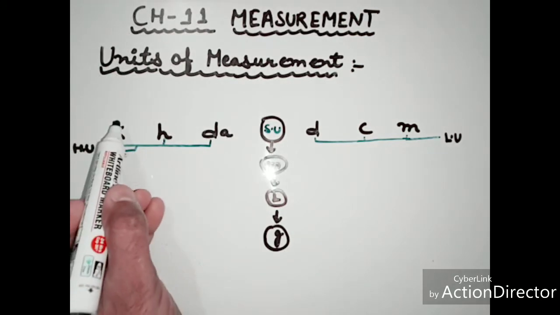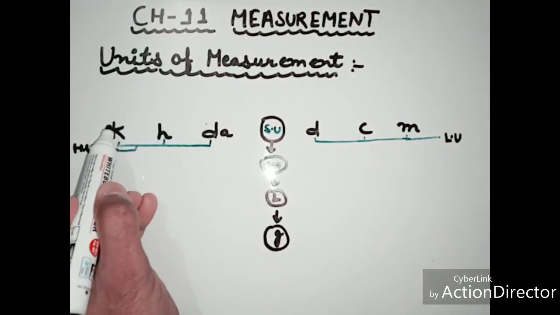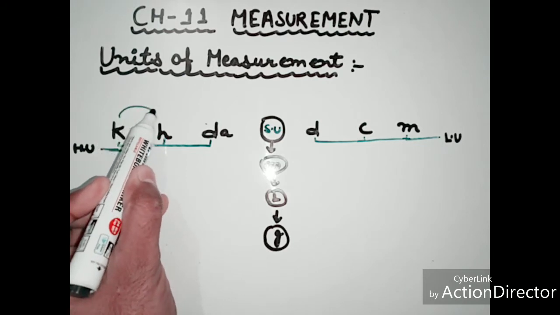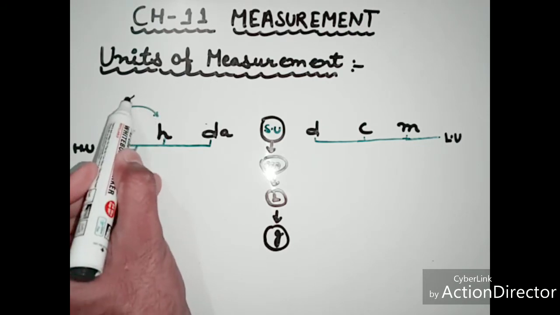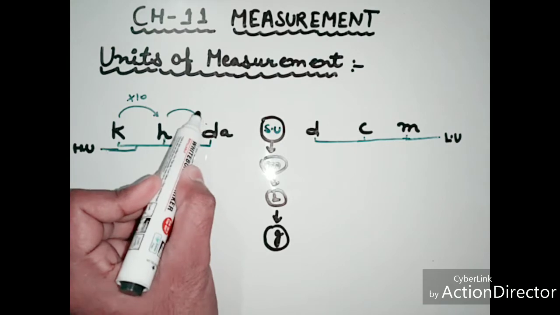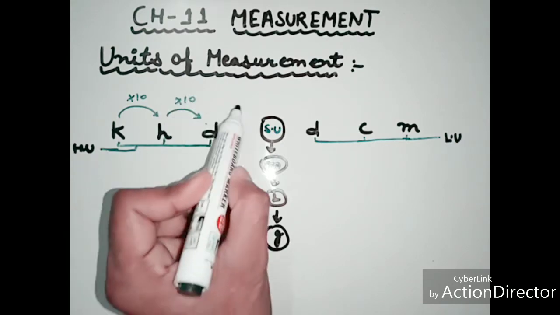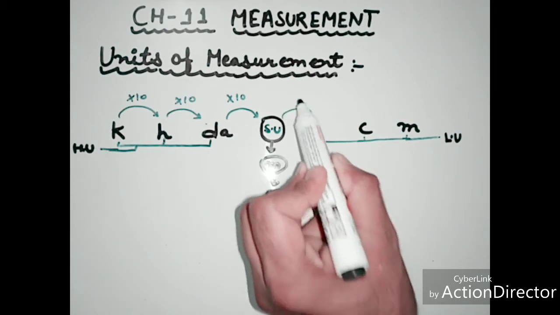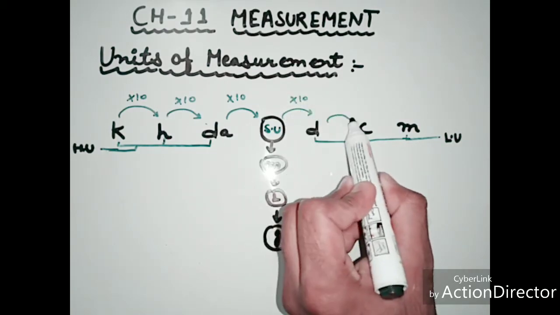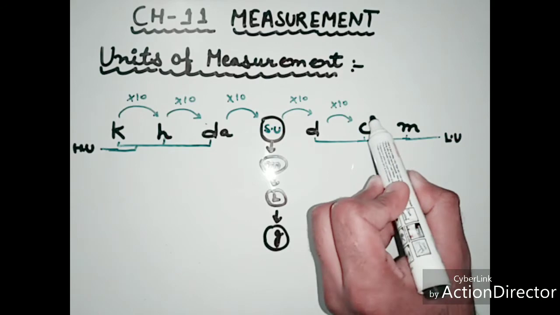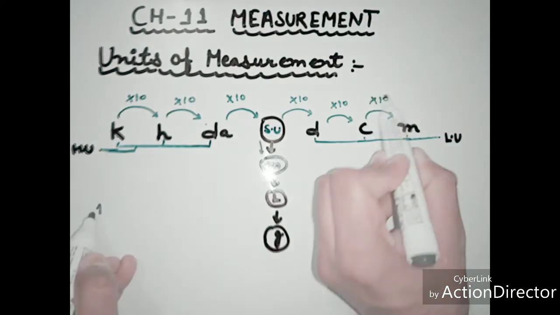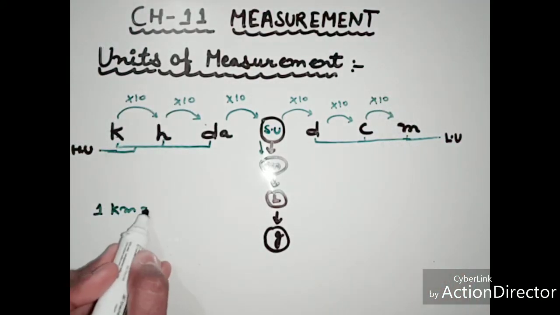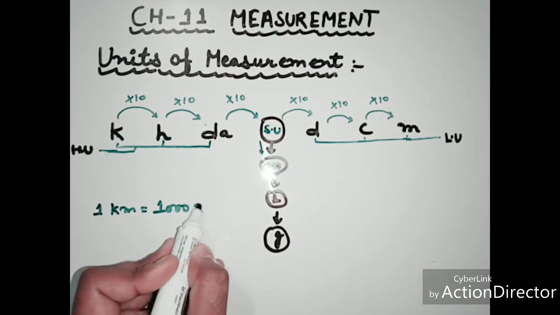Here if we move left to right, each prefix multiplies by 10. 1 kilometer equals 1000 meter.